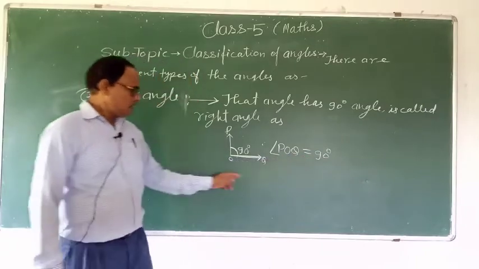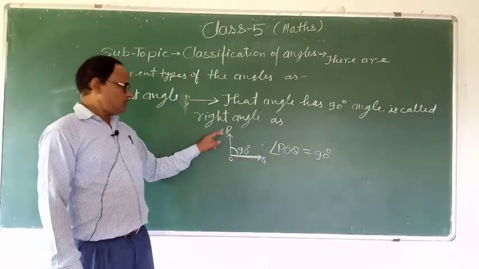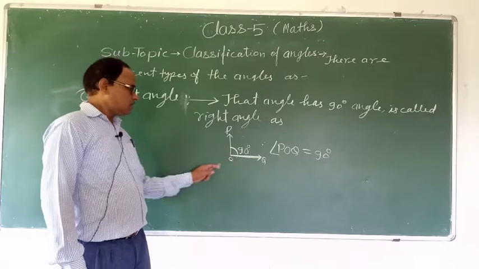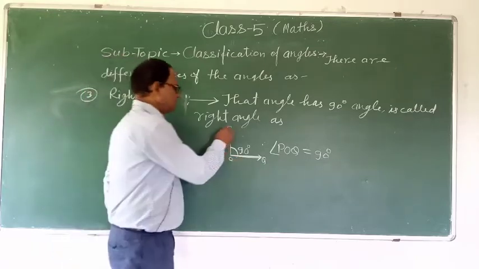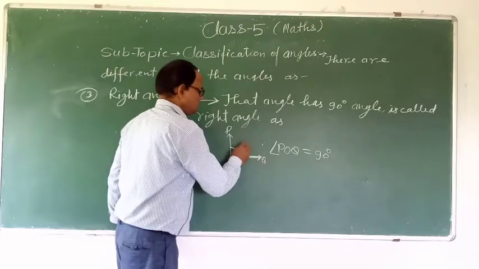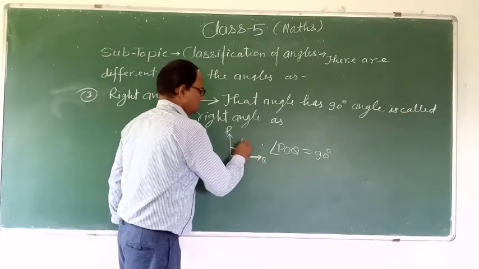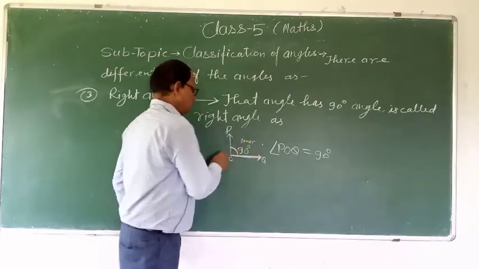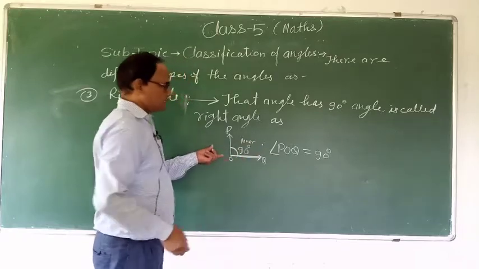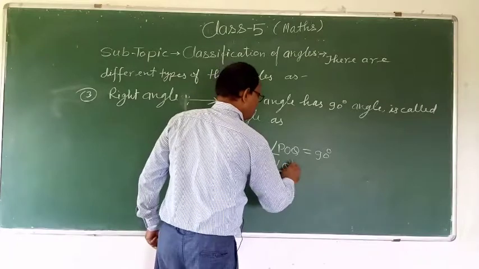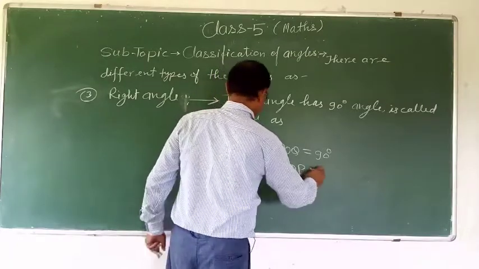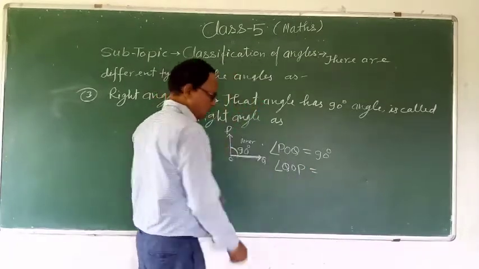But if we change it to QOP, then it is the outer angle. POQ is the inner angle, but QOP is the outer angle.